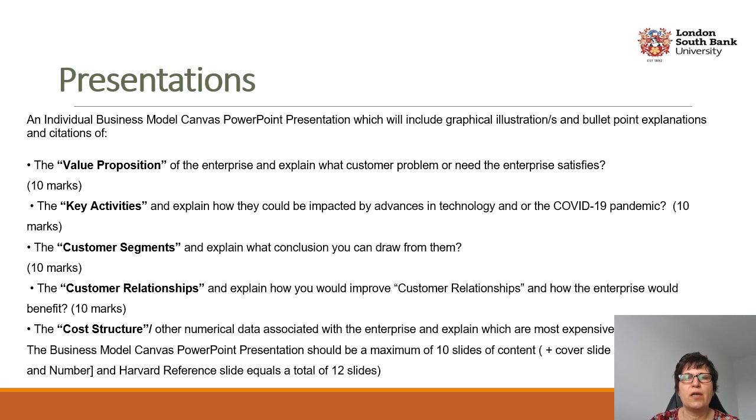Let's have a look at this assignment brief for the CEI module. This is a level 7 module. So what you're asked to do is to prepare a PowerPoint presentation. The presentation should include 12 slides, a cover slide, and then 2 slides for each one of the sections: 2 slides for the value proposition, 2 for the key activities, 2 for the customer segments, 2 for the customer relationships, and 2 for the cost structure.